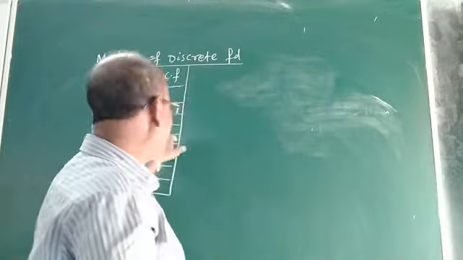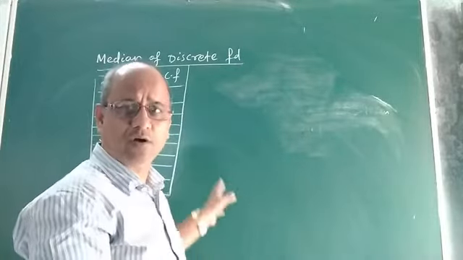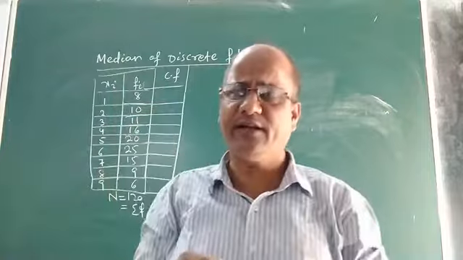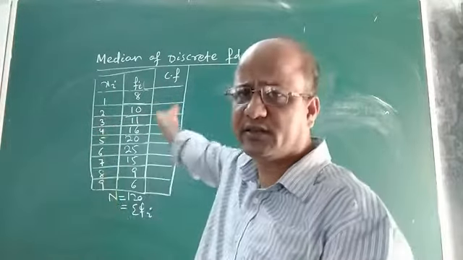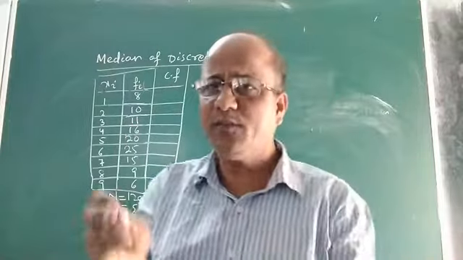So now let us see how to get that middlemost value or the representative score of this discrete frequency distribution. Children, in order to find the median of this discrete frequency distribution, we have to understand another thing known as cumulative frequency.